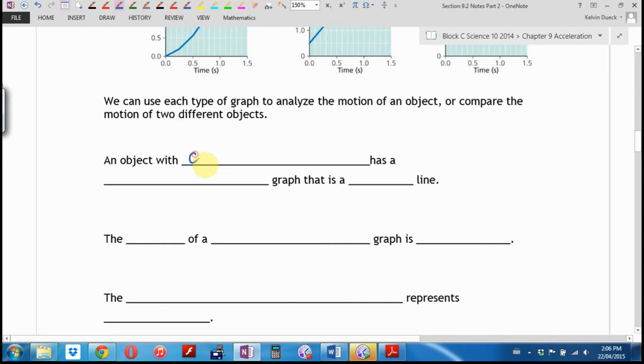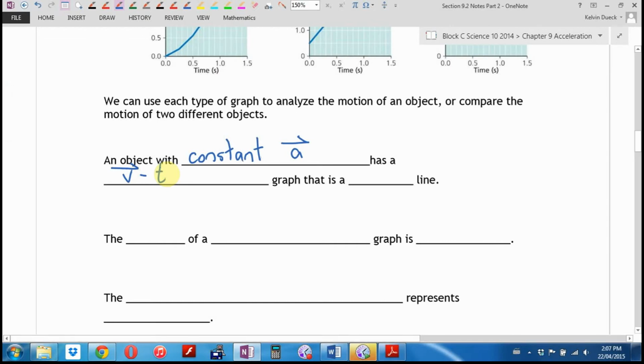An object with a constant acceleration, you know what, I don't want to write the word acceleration out. What does v dash t stand for when I put a vector sign above the v?